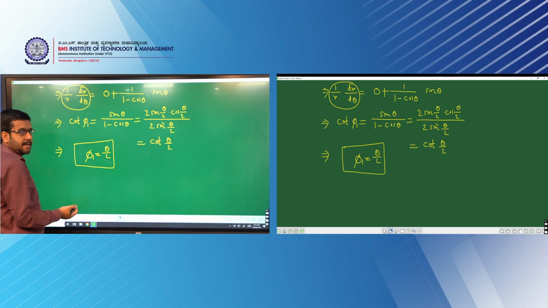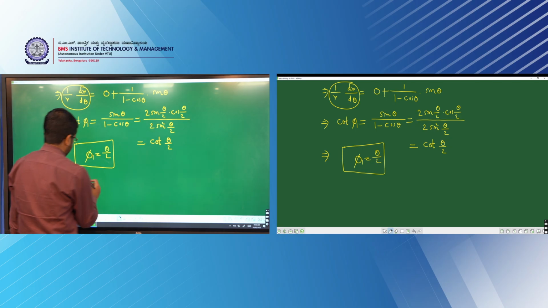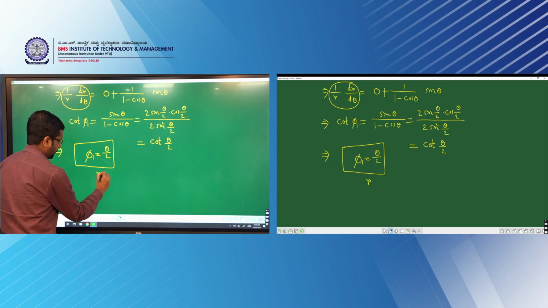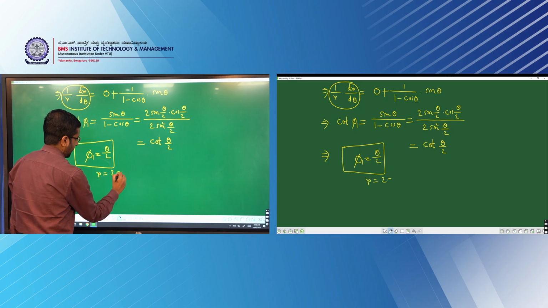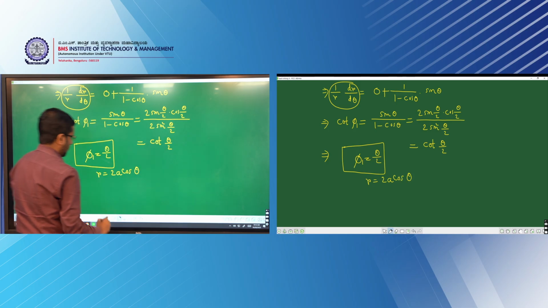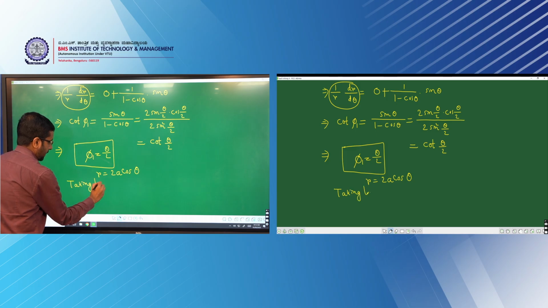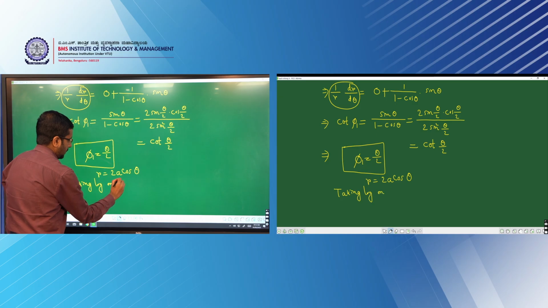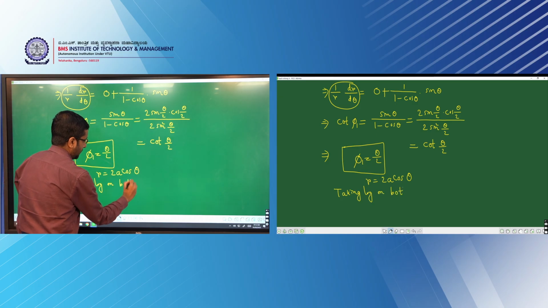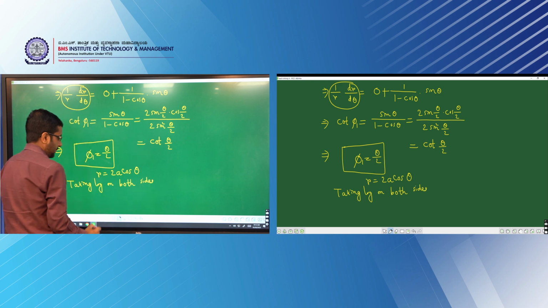Now, come to the second curve. From the second curve also we have to find the angle. So, the second curve was what? The second curve was r equal to 2a cos theta. Same way here also we will take log, taking log on both sides. So, if I take log here, what will I get?